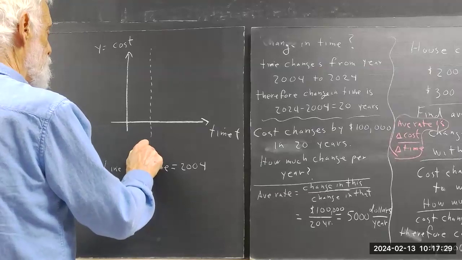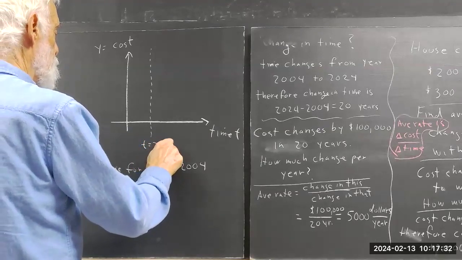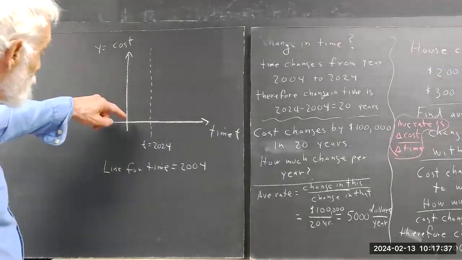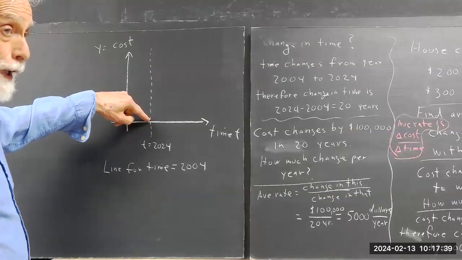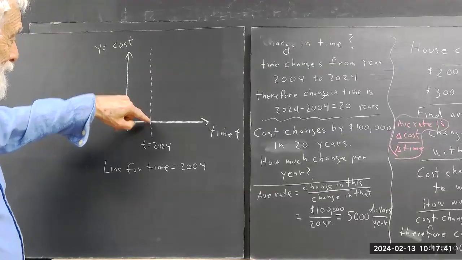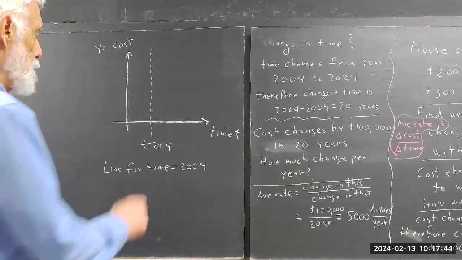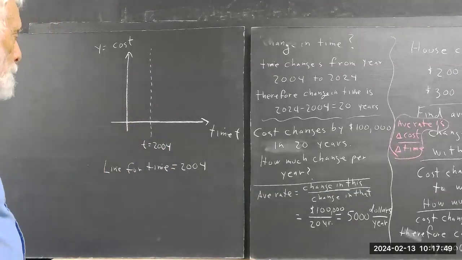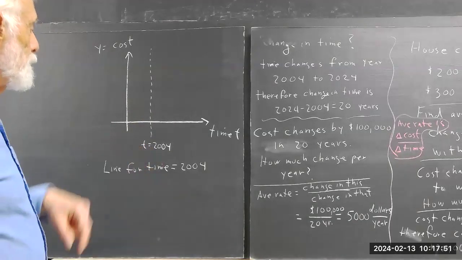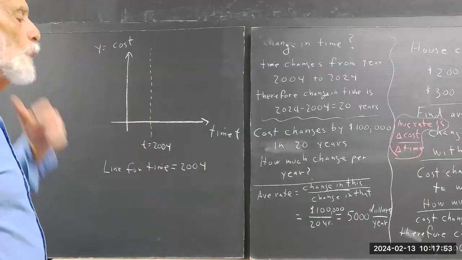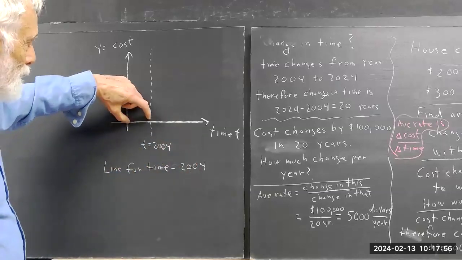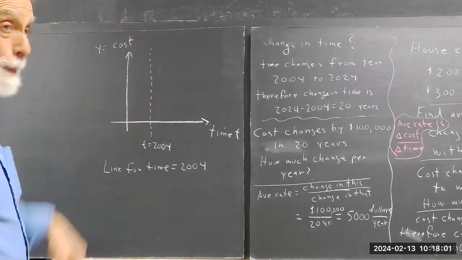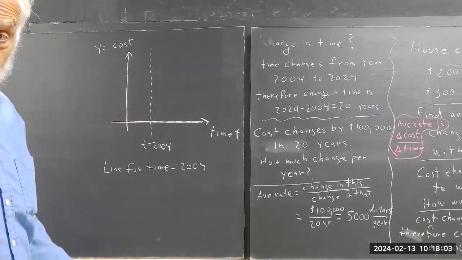So here I can say T equals 2004. Now, if this is 0 and this is 2004, then 2024 is only 1% more than this. And you have to draw another line almost right on top of this one. And that's not going to be useful.